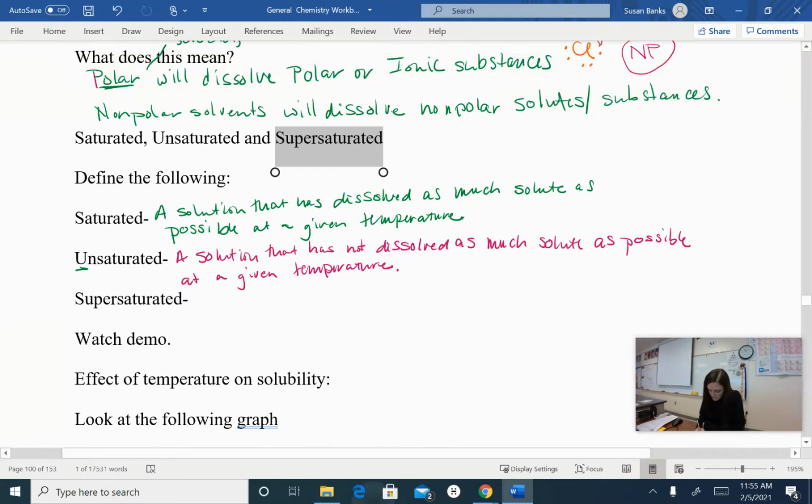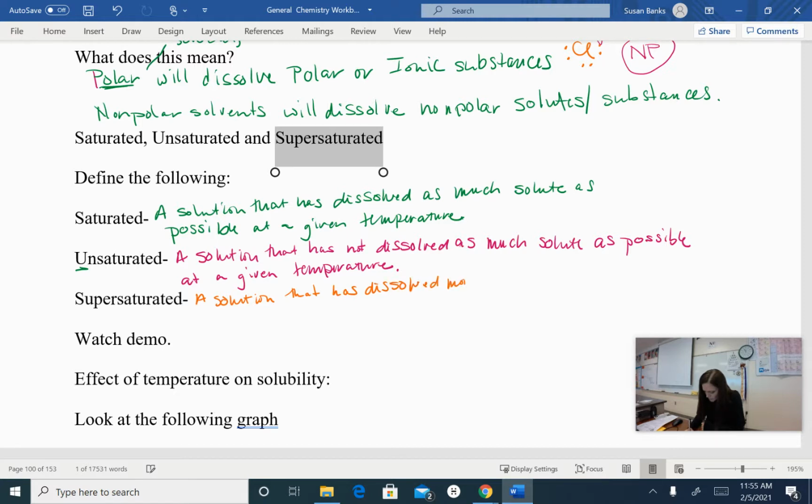So this is a solution that has dissolved more solute than is normally possible at a given temperature.